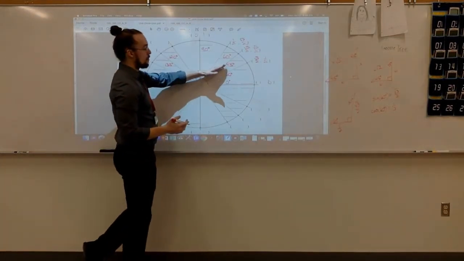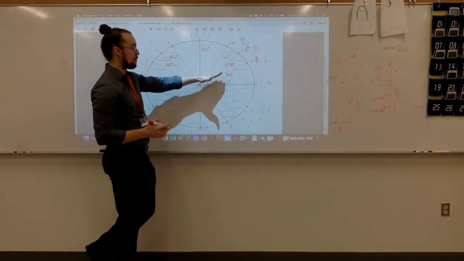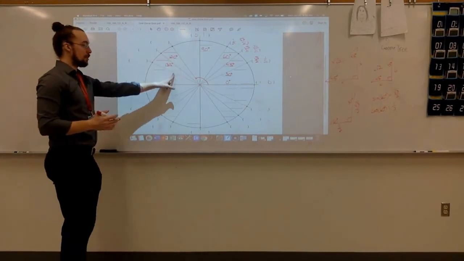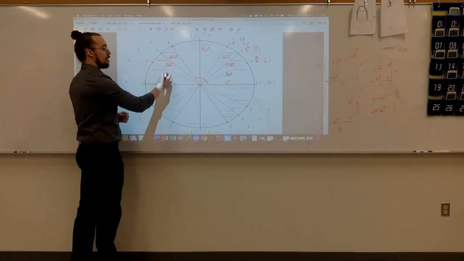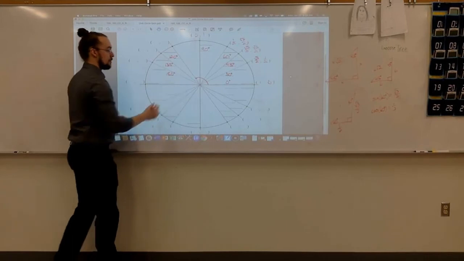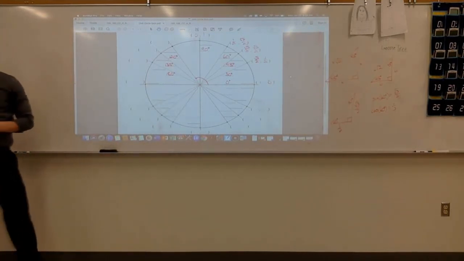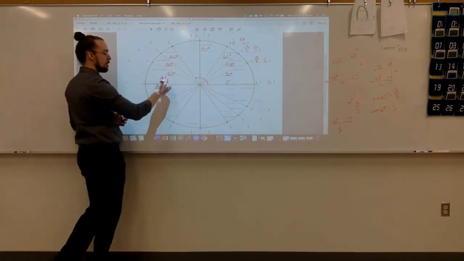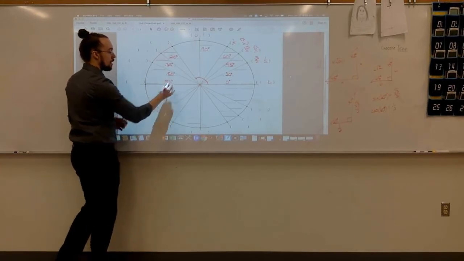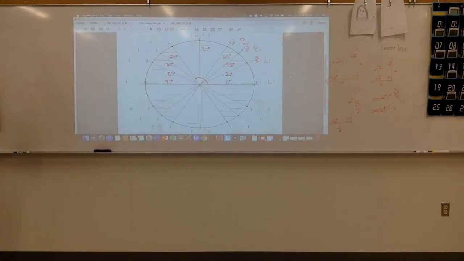Then from 45 to 30 is another 15 degrees. So over here, from 135 an additional 15 degrees will be 150. And then obviously this angle here would be 180 degrees.